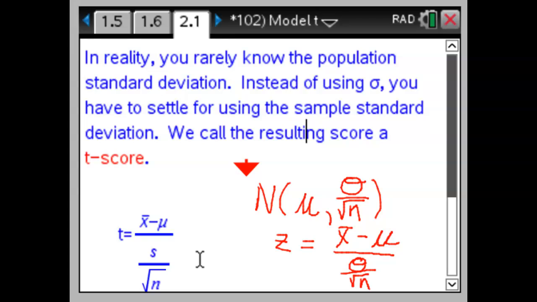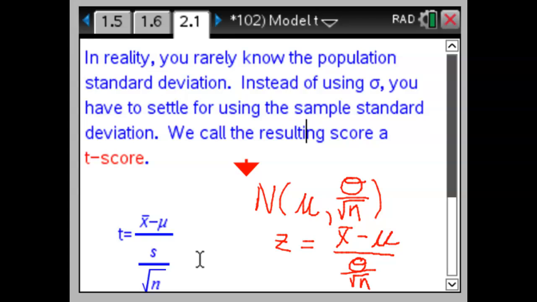However, if we really knew what the population standard deviation was, then we'd be knowing a lot more about the population, but we usually don't. So we end up having to use something called a t-distribution.